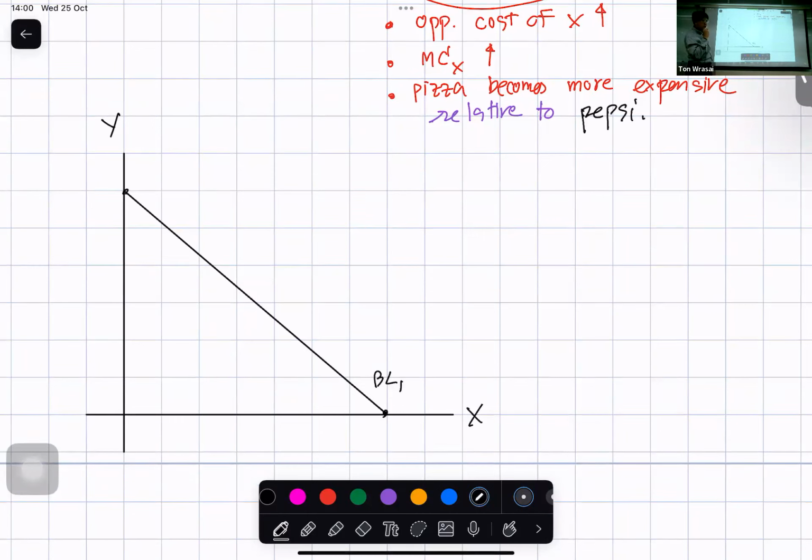Let's name it BL1. And then we introduce the preference curve, namely IC.